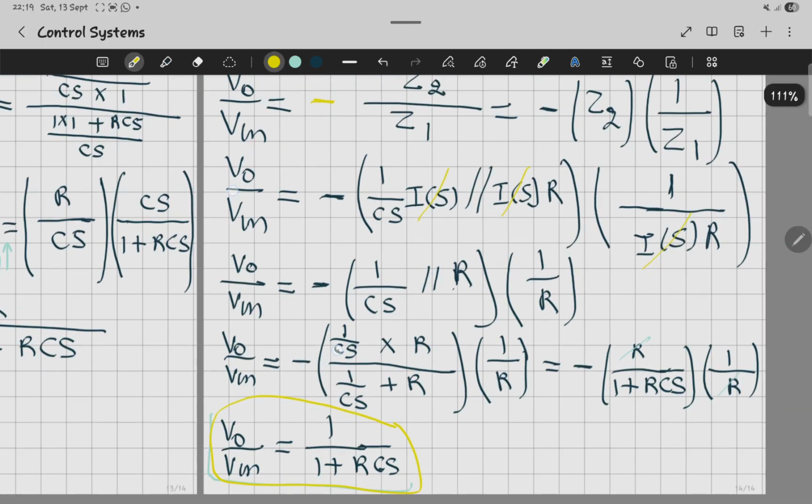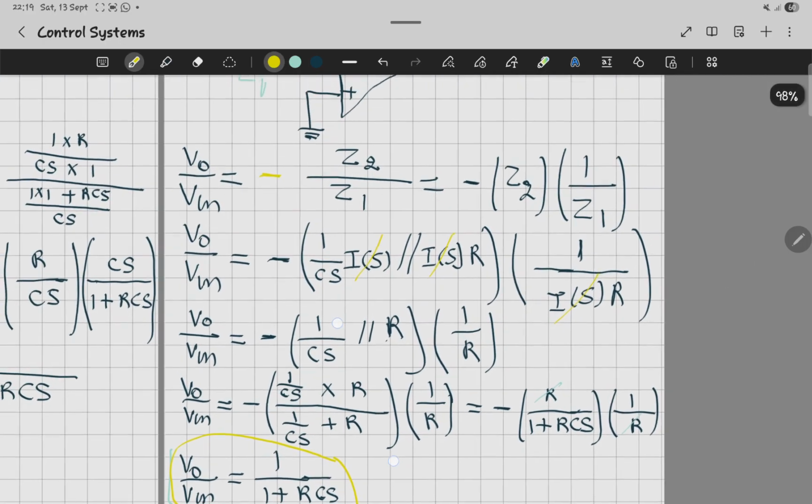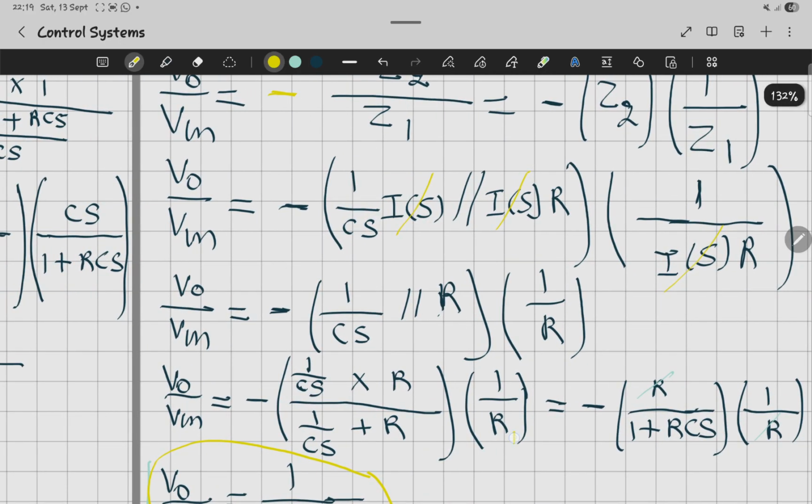So meaning at this level, this one is from R1, and this one is R2. So what we get here, we call it R2, and this one is R1. So I'm not gonna cancel out these two.